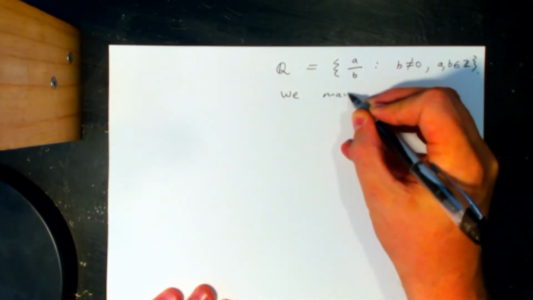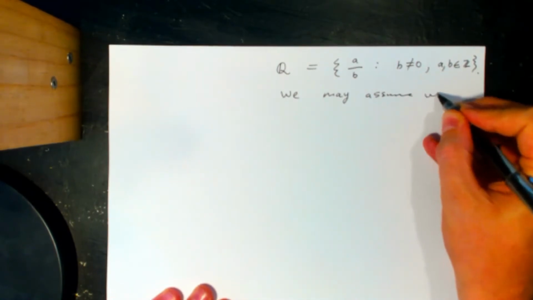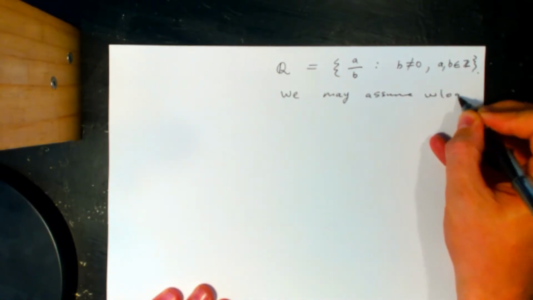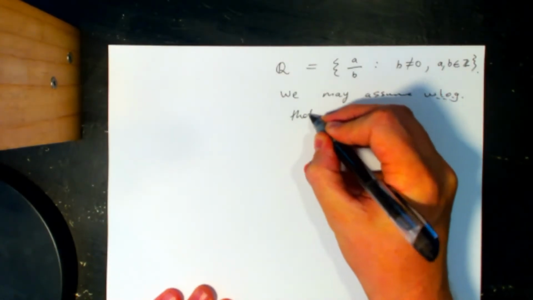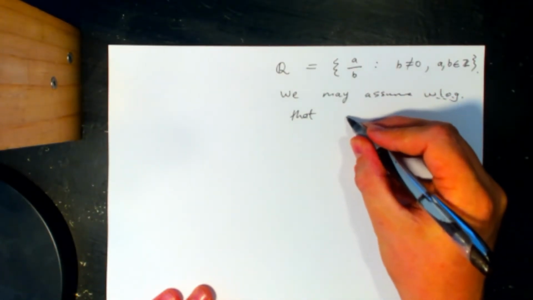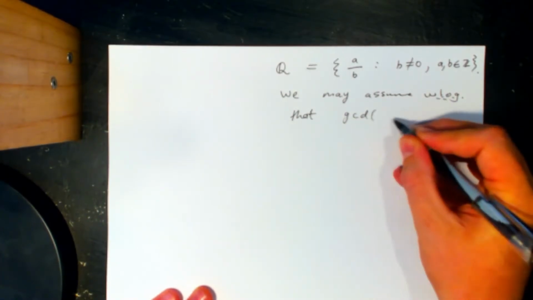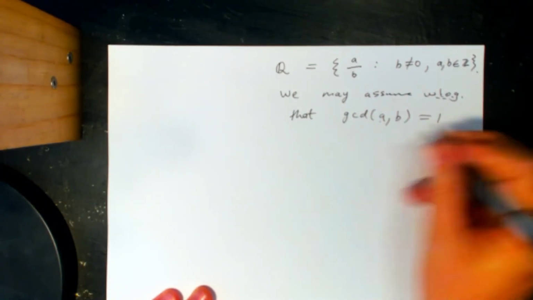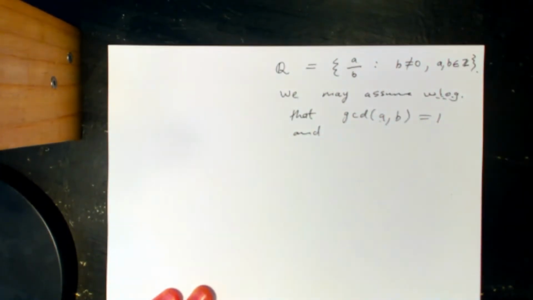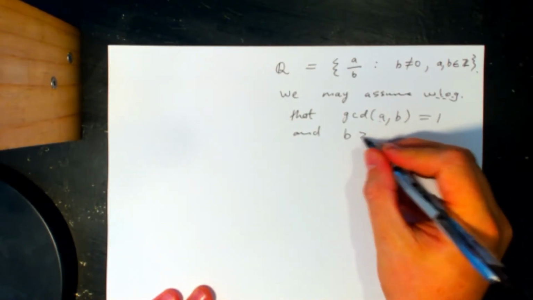We may assume, w.l.o.g., without loss of generality, that GCD, greatest common divisor of A and B, is equal to 1, and B is positive.